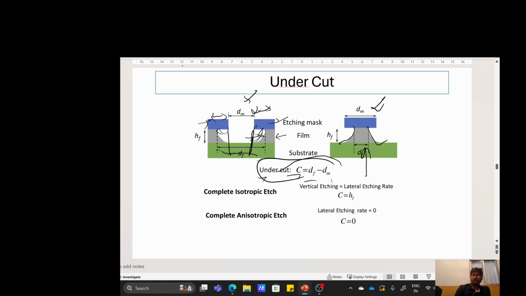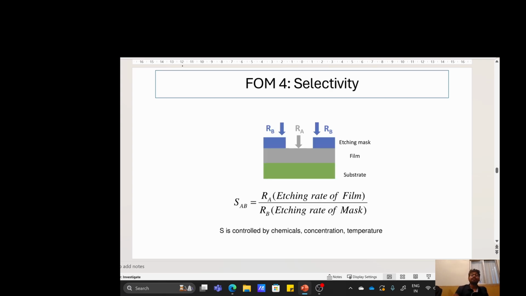Now the selectivity. As I told you, we are depositing photoresist to protect this layer. At this point we have photoresist, so that for the further processing after the lithography process, we do two kinds of things: one is the additive process, one is the subtractive process.